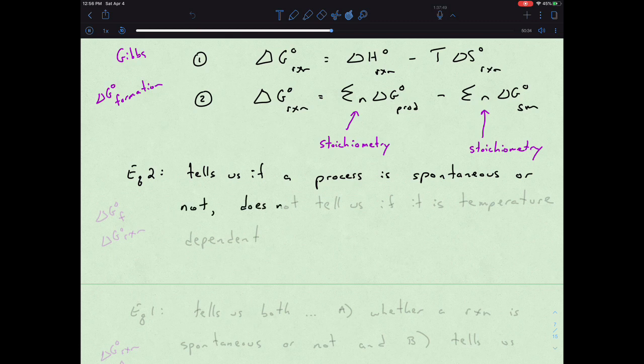It does not tell us if it is temperature dependent. Equation 1, right, does both.